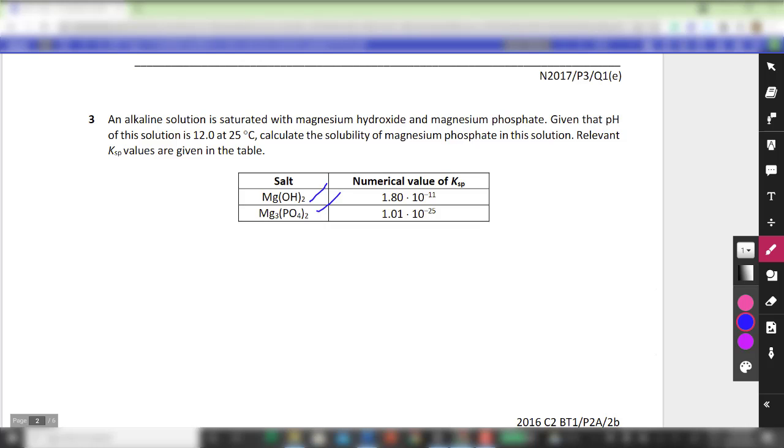Given that the pH of this solution is 12.0 at 25 degrees Celsius, the focus here is 25 degrees Celsius. Why is this important?